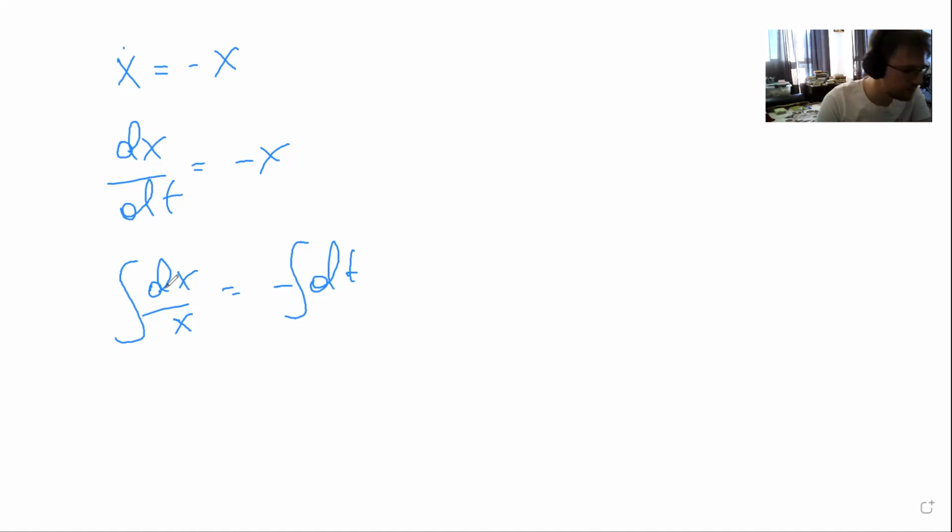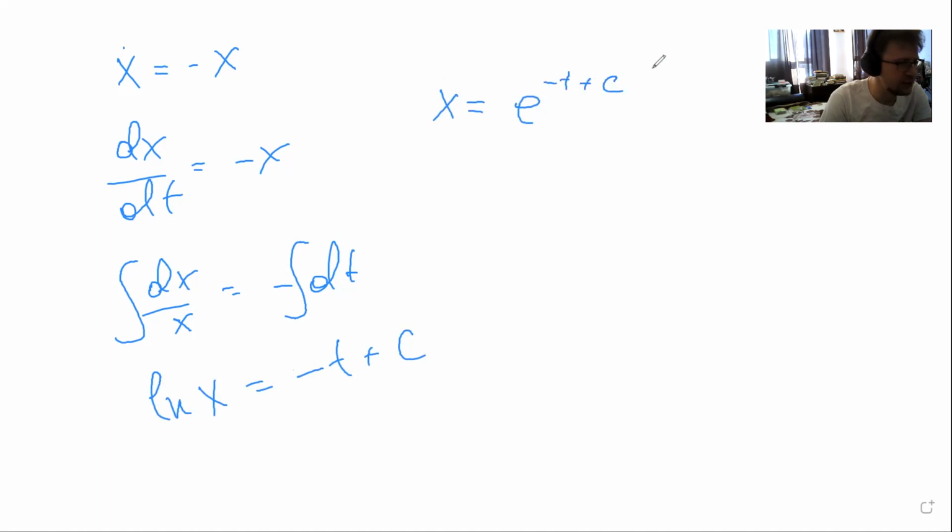So you have the natural logarithm of x equals, the integral here is minus t plus a constant. Okay, good. Now, what do we do next? Next, we say that x is equal to e to the power of minus t plus c, right?